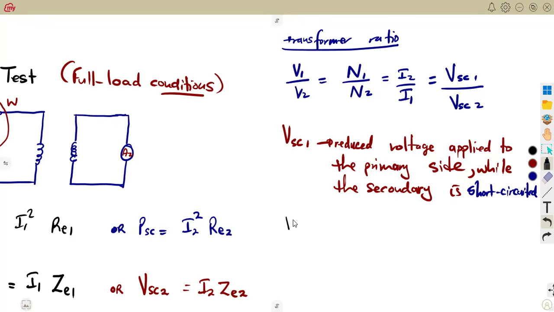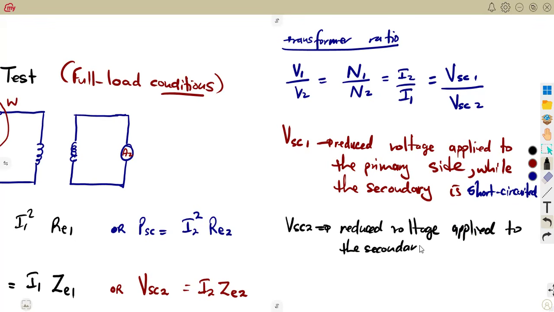Considering 2, it is just as what we have on 1, but for the secondary side. So it's going to be the reduced voltage applied to the secondary this time, while at that moment the primary is short-circuited.